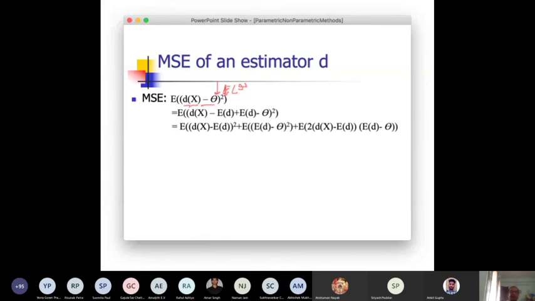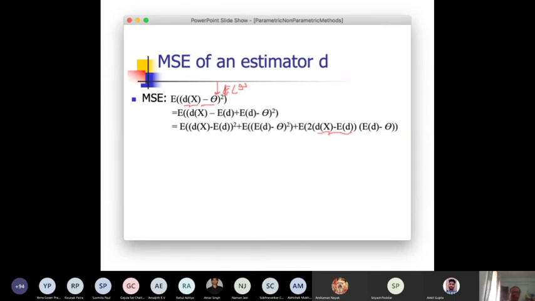You can see this is an expansion, and you know that. Let me ask you about this part. What should this quantity be, the expectation of D minus the expectation of D? It is a deviation from the mean. So it should be 0, right?